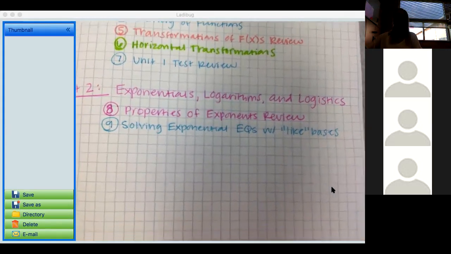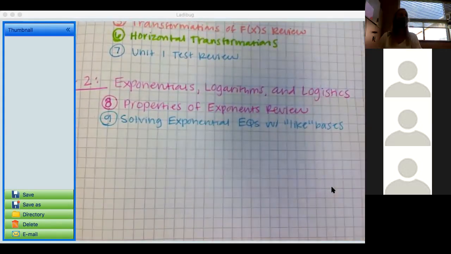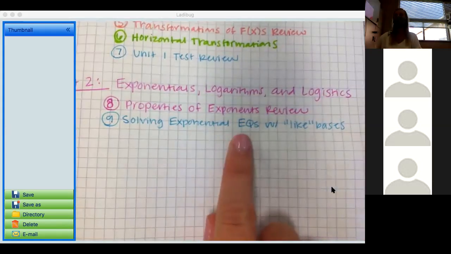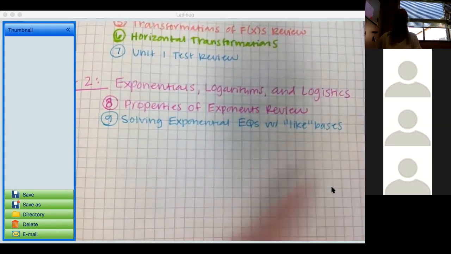Is that better, Cody? Is it because I used blue on blue? Okay, solving exponential equations with like bases.